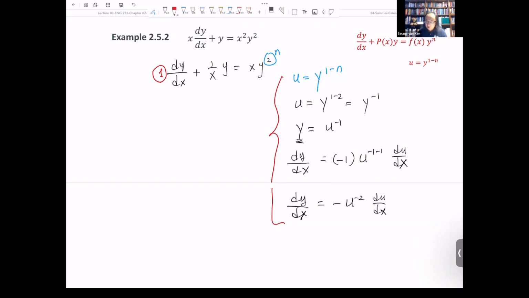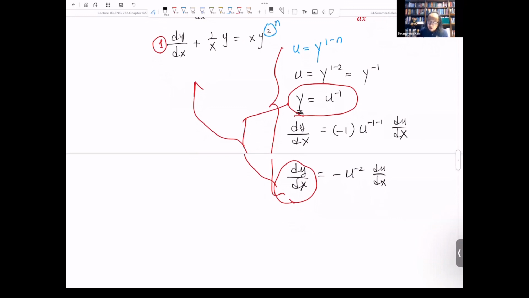Now what we want to do is substitute this and this into the original equation so that we don't see any y in the equation. So dy over dx, we said, is negative u to the negative 2 du over dx, plus 1 over x, y equals u to the negative 1, equals x, y equals u to the negative 1 squared. Now we want to make this standard form again. This differential equation is now in du over dx.